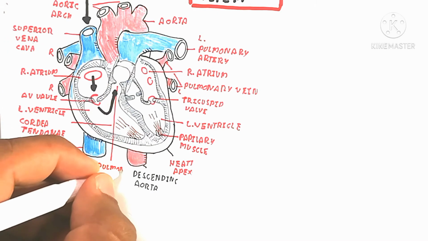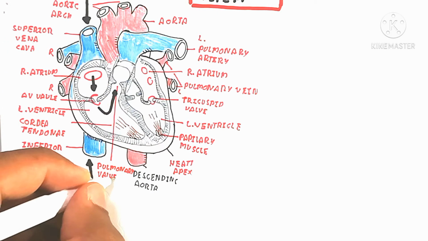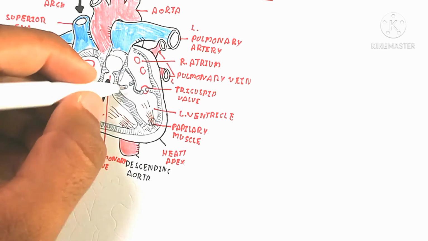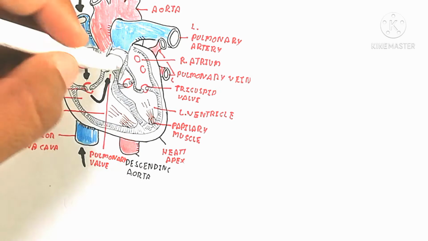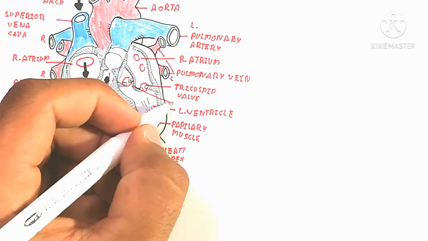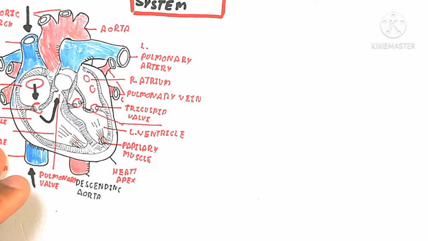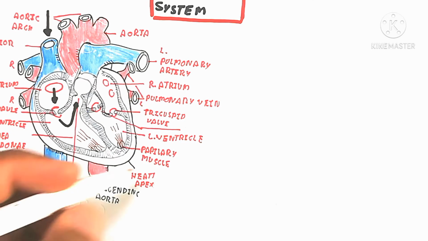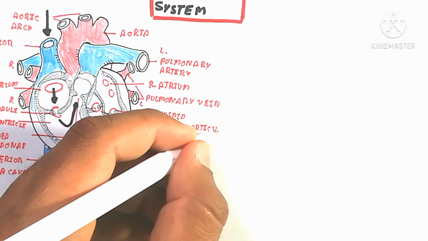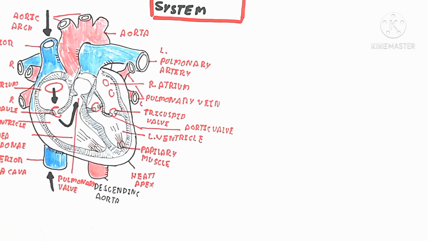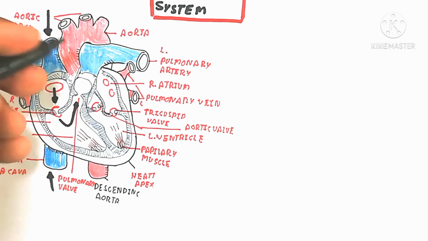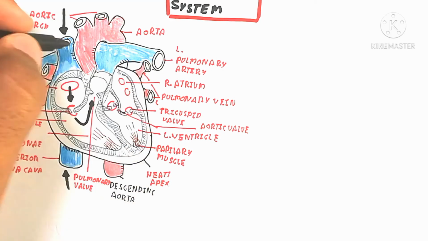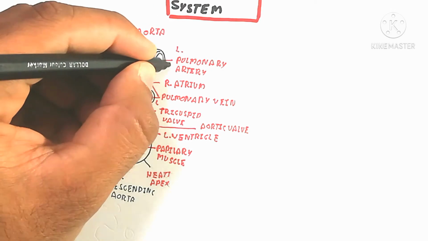The pulmonary valve allows the blood to move through the pulmonary artery into the lungs, where the deoxygenated blood is converted into oxygenated blood. This oxygenated blood goes back through the pulmonary vein, which contains red blood known as oxygenated blood.